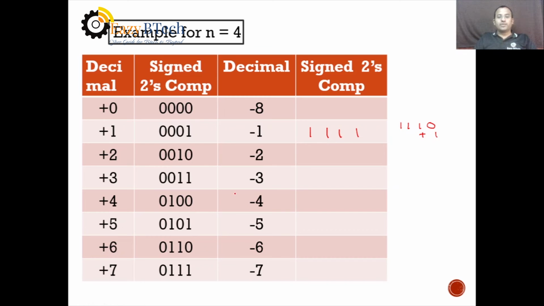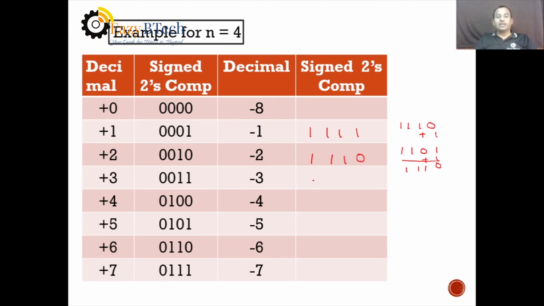The corresponding minus 1 representation in two's complement is all ones. For minus 2, first we find the one's complement, it is 1 1 0 1, and then add 1. If we add 1 plus 1, the sum will be 0, carry will be 1, and the remaining is 1 1 0. So minus 2 will be represented as 1 1 1 0. Next minus 3, I will write by finding the one's complement and adding 1.